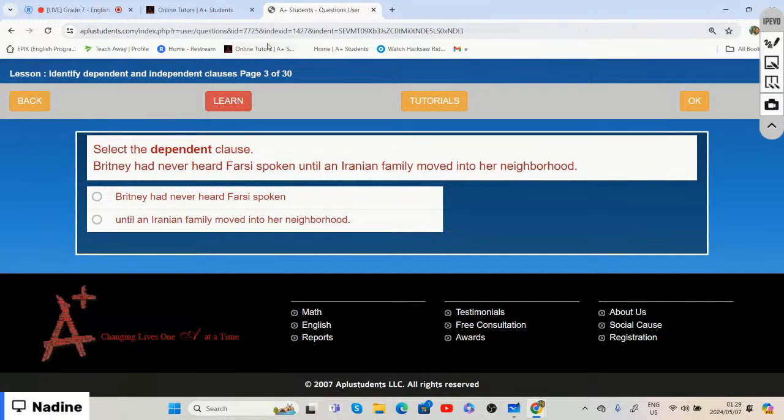It says Brittany had never heard Farsi spoken until an Iranian family moved into her neighborhood. We need to select the dependent clause that is not capable of standing on its own.